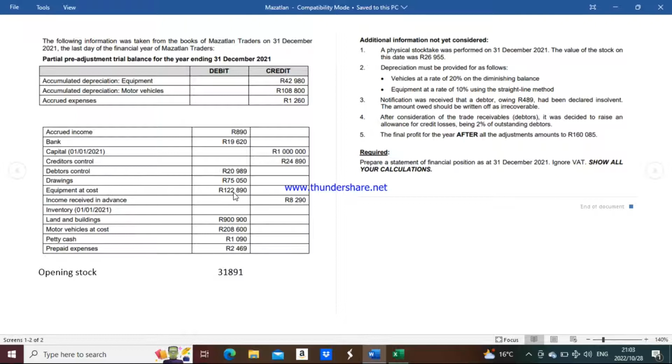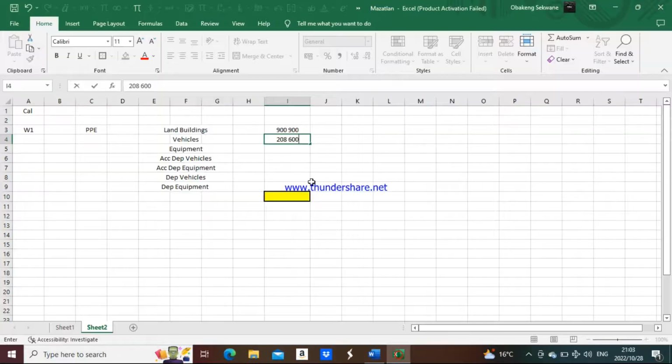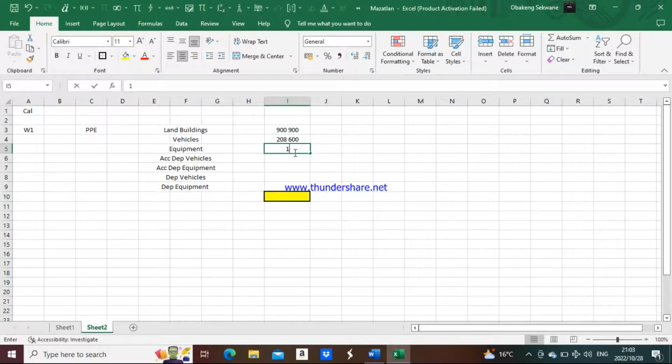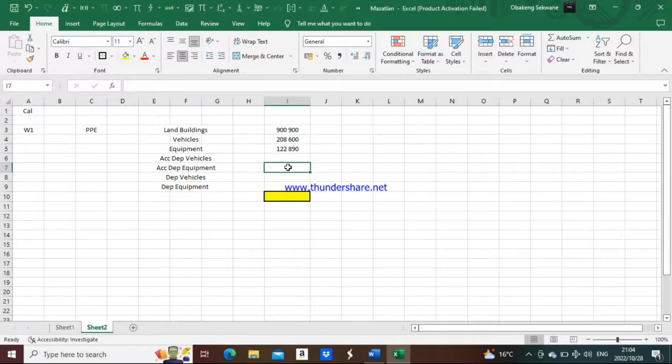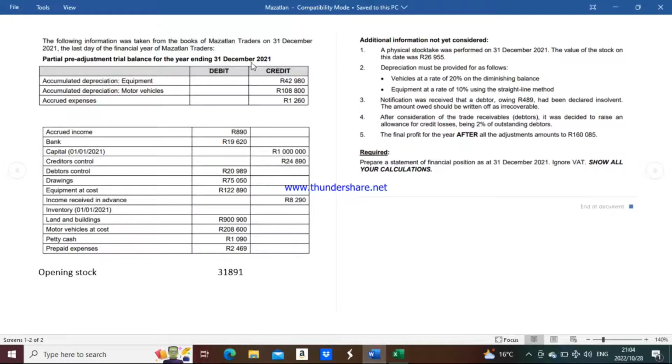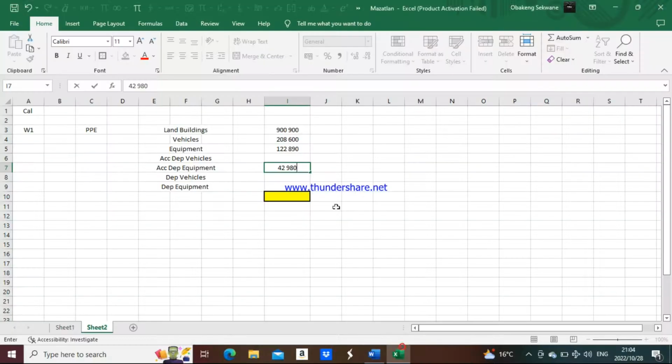Equipment is at 122,890. Then we have accumulated depreciation on equipment at 42,980, and accumulated depreciation on vehicles 108,800.